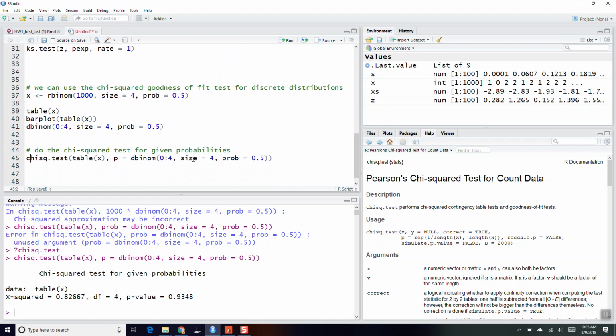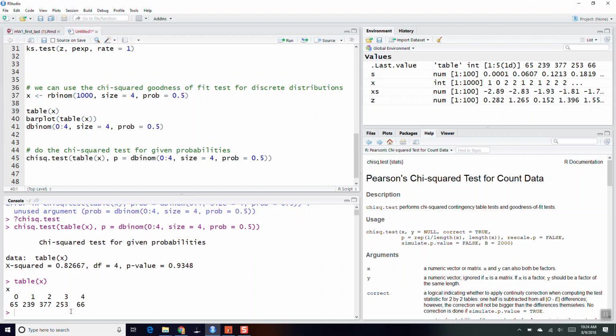Basically, over here in table X, you are providing it the counts of each outcome. So here I did rbinom 1,000, size 4, probability equals 0.5. This says flip a coin 4 times, count how many times it landed heads. Maybe it lands heads 3 times and tails once, okay?